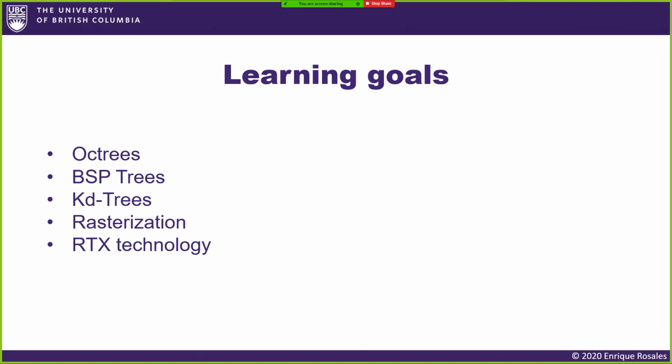We will also talk about other strategies to solve the same space partition problem: BSP trees, which are binary space partition trees, KD trees, and rasterization, which is a different idea, and someone in the previous lecture was already having that idea, which is actually very nice. And also we will talk about RTX technology, basically how ray tracing is done in NVIDIA in real time. So hopefully we can cover everything.